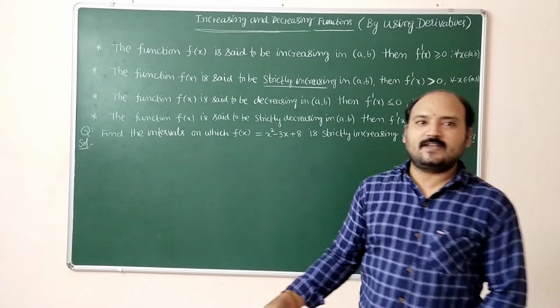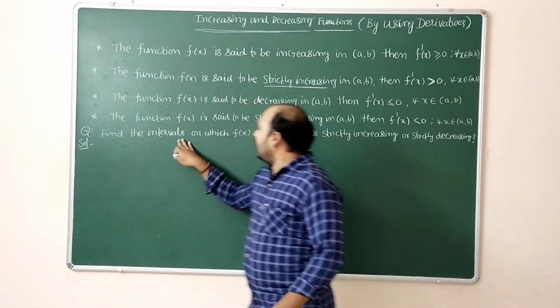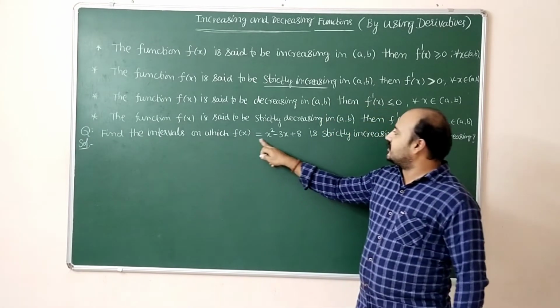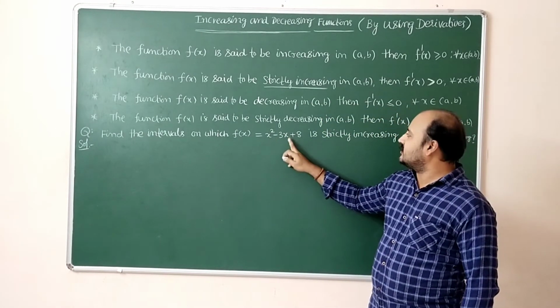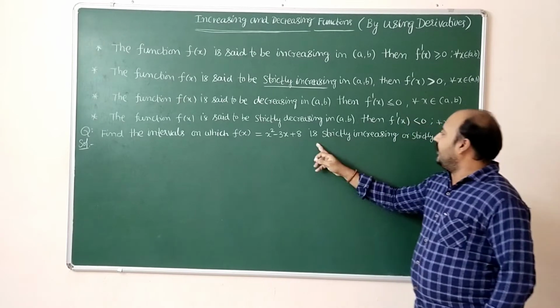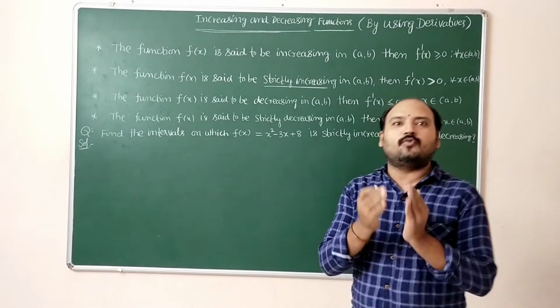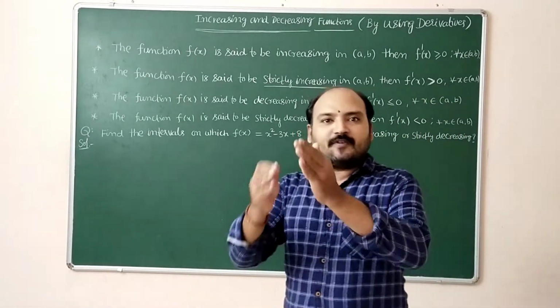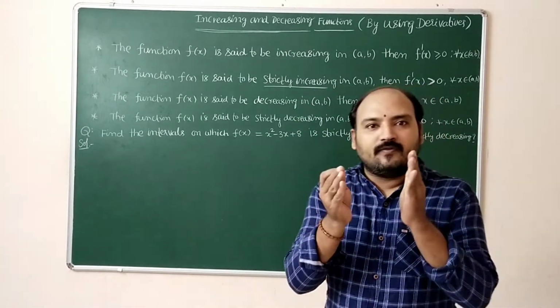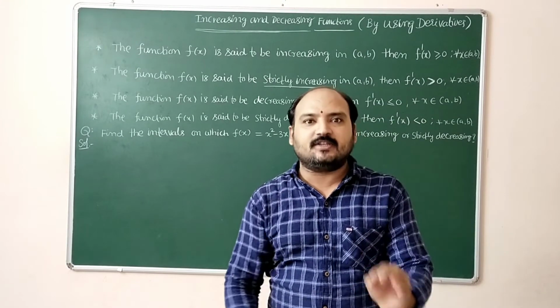We will discuss the examples. Find the intervals on which f of x equal to x square minus 3x plus 8 is strictly increasing or strictly decreasing. They are asking to find in which interval the function is strictly increasing, in which interval the function is strictly decreasing.